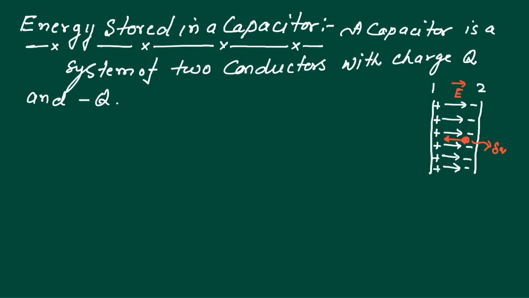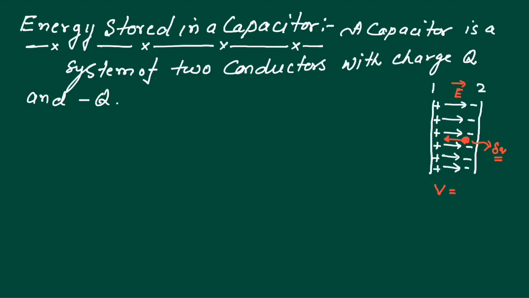So we will have to do some work, and now we have to calculate the amount of work done in transferring a very small amount of charge from plate 2 to plate 1. Suppose it has the potential V at this time.